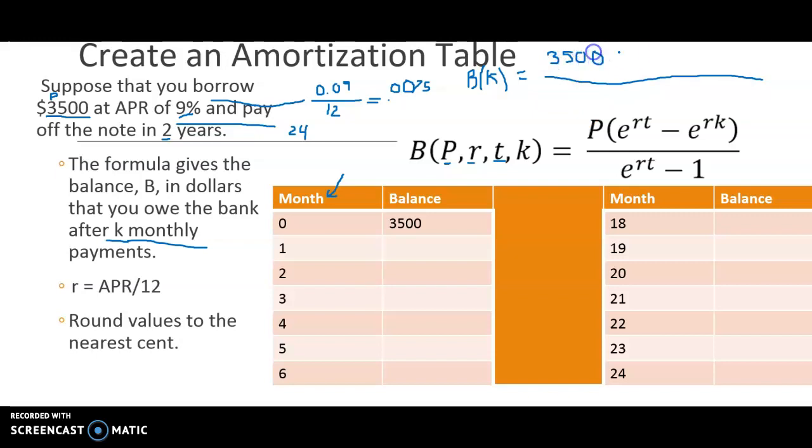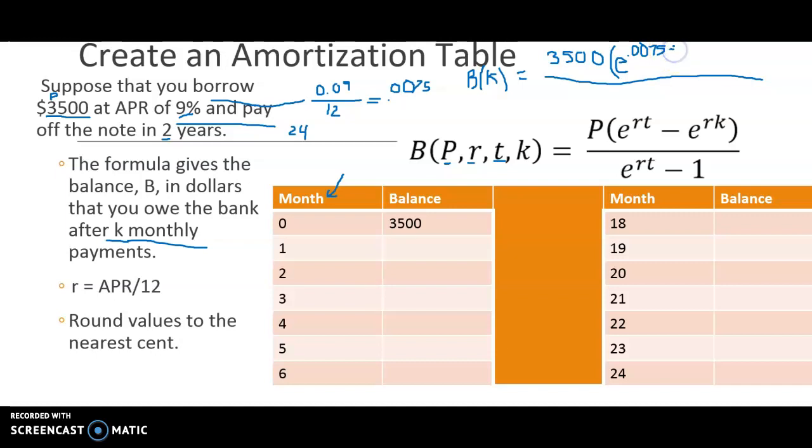Next, our formula has a parenthesis. It has E, which we know is a constant. It has R, which we had calculated as 0.0075, times T, which we had calculated to be 24.